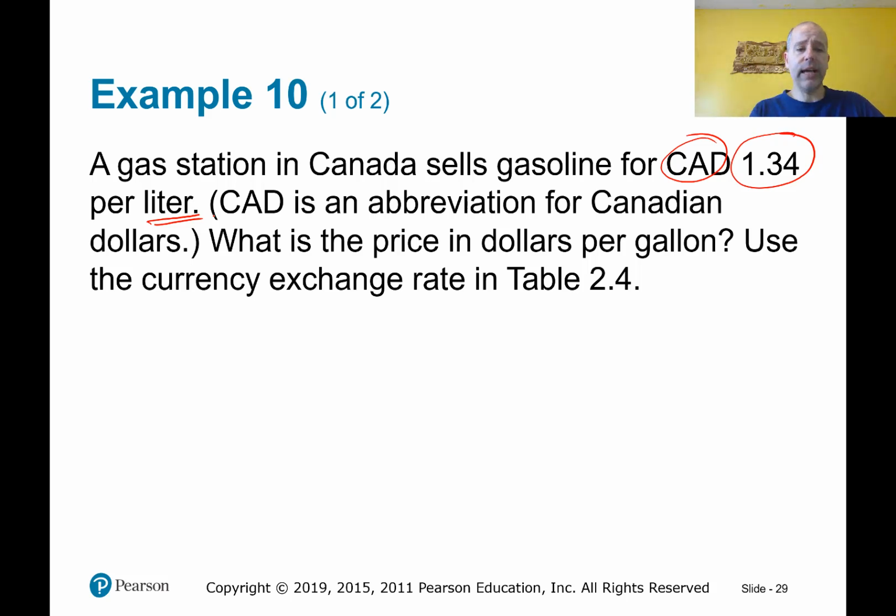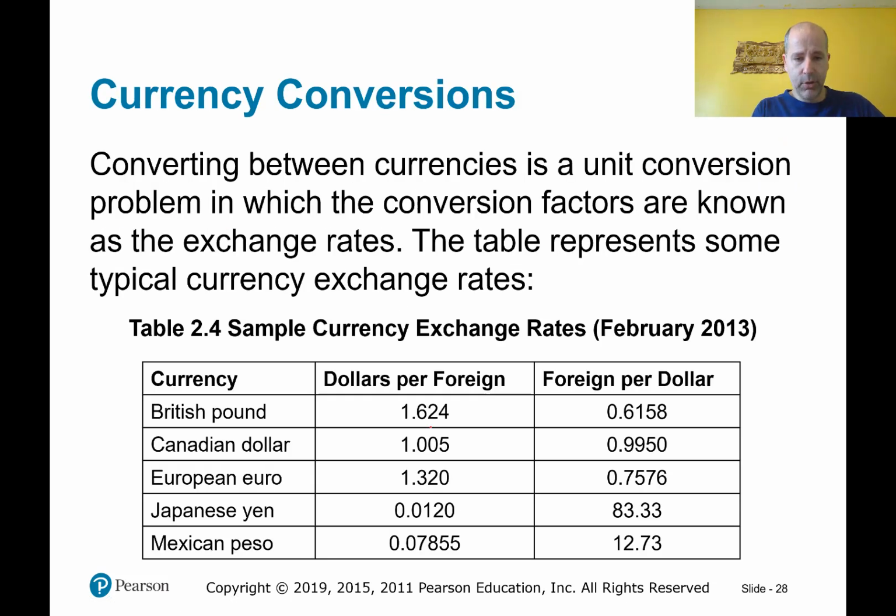Now we're going to use again the currency exchange rate on table 2.4. Depending on what we're doing, it's either dollars per foreign or foreign per dollar. So we're going to use the 1.005 to convert to dollars.